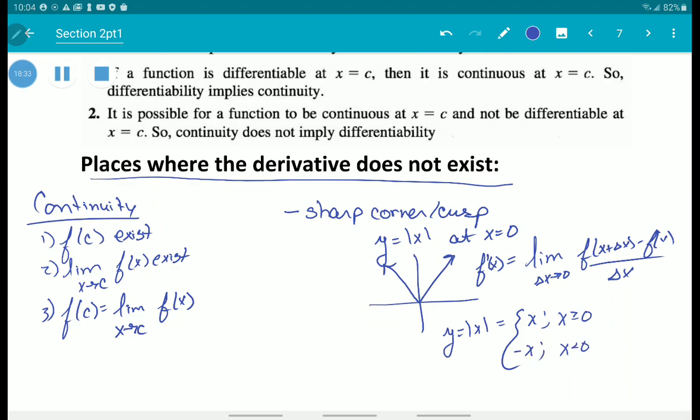So the real problem has to do with the definition here. For the limit to exist at 0, the left-hand limit and the right-hand limit have to be the same. But over here, we have a negative slope, and here we have a positive slope. So at 0 is where that slope is changing, and we have a problem there because of that. That's going to happen every time you have a corner or a cusp. Anytime you have a corner or a cusp, the derivative cannot exist at that particular place. In this case, it's going to be 0.